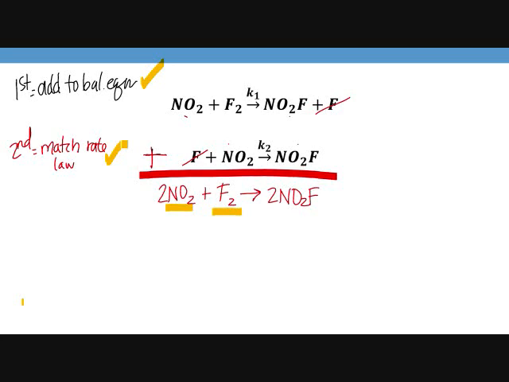So after you go through both of these points, the first one is really easy to prove, that when you add the two together, they should equal what it should be. That one's easy. The second one, making sure it matches the rate law, is a little bit more difficult. And you just have to look at, okay, I have two reactants in my overall equation, there are two reactants in my rate law, so that could be a possible mechanism.